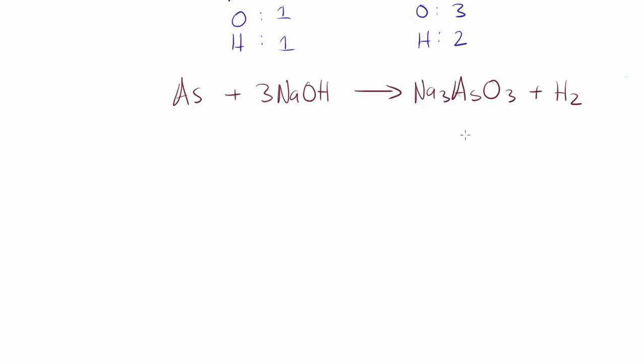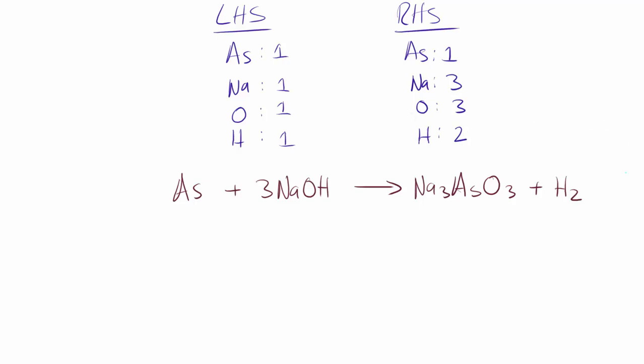So I can just keep that in view. For the right hand side, it's just going to be the same as this: As, Na, O, H, so that's going to be 1, 3, 3, 2.